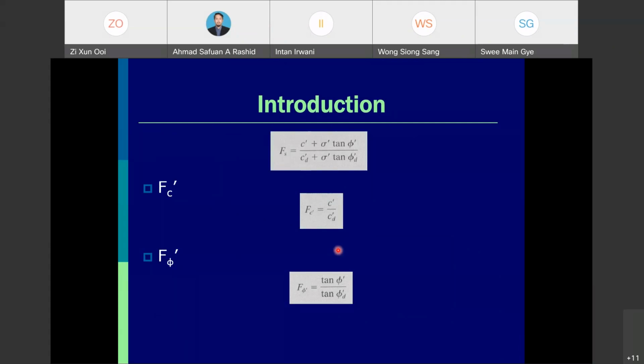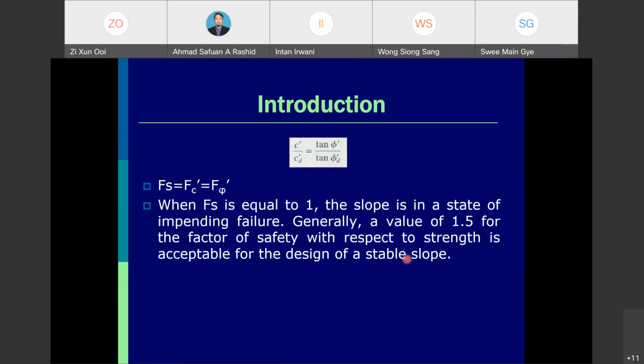While FP is equal to tangent phi over tangent phi D. So if Fs is equal to Fc and also equal to Fp, when Fs is equal to 1, the slope is in a state of impending failure.